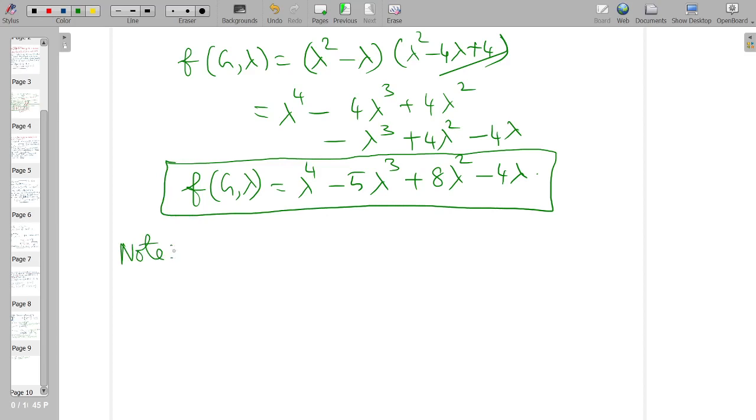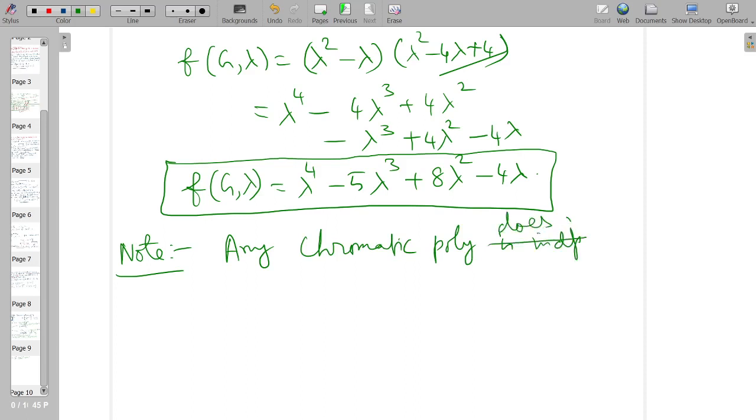Now you have to note here, okay, any chromatic polynomial does not have a constant term. This will be the first note.